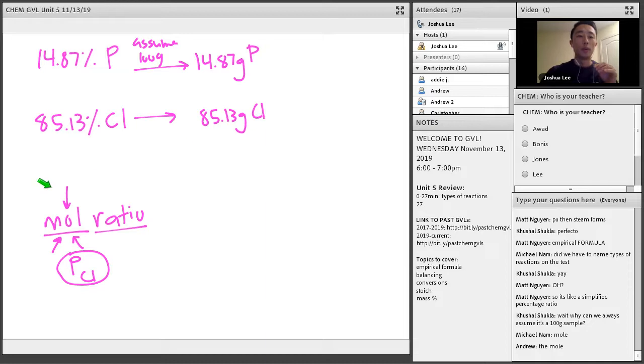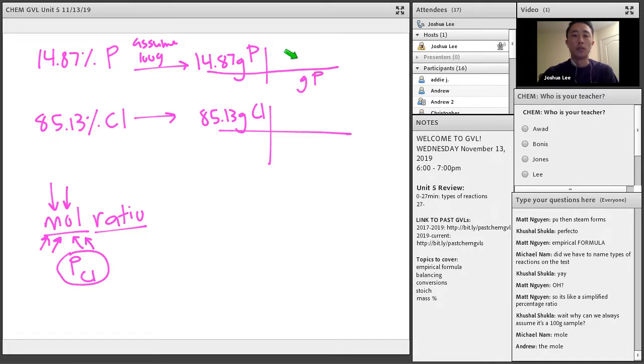So then remember, we want the mole ratio. So the first part of mole ratio is a mole. So let's find a mole. So you have to convert these to moles. So I want to get rid of grams of phosphorus and go to moles of phosphorus. Mr. Mole's favorite number is 1 when he's by himself. And we don't use phosphorus enough for me to know it. 30.97.